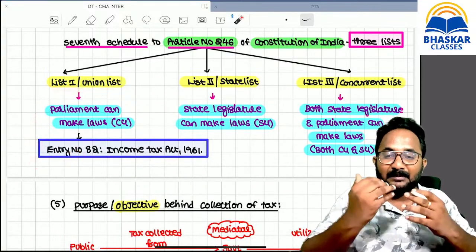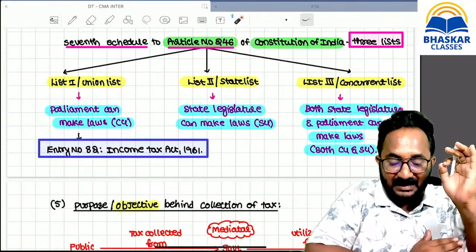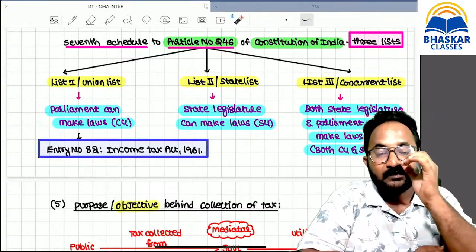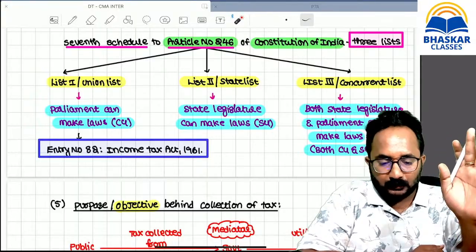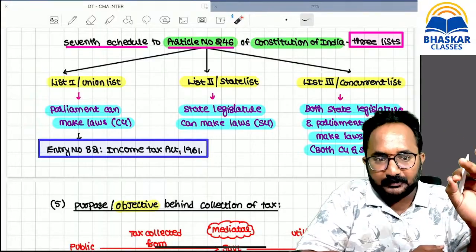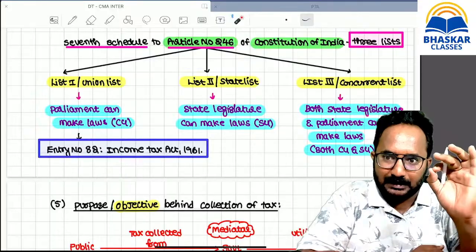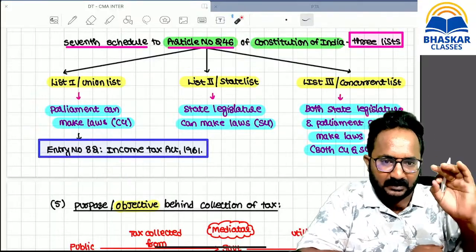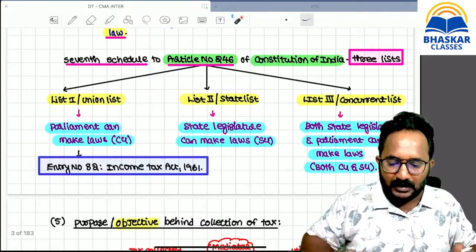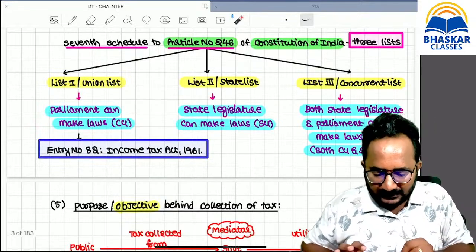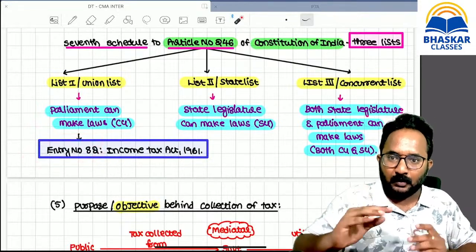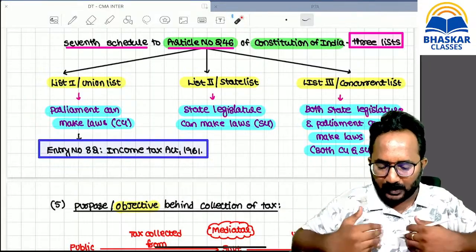The Income Tax Act 1961 entry number is 82. It is a very important MCQ. Definitely don't ignore even one point from the revision series; you will definitely get one direct MCQ. What is the entry number? 82.